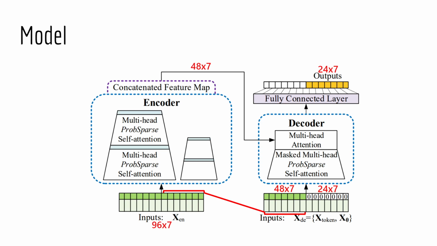However, it is the last 48 by 7 of the input sequence, as well as 24 by 7 zero padded values for where the result goes. This result is 1/4 of the original input's size.